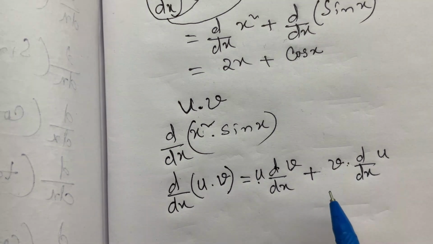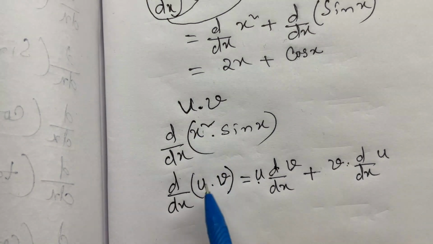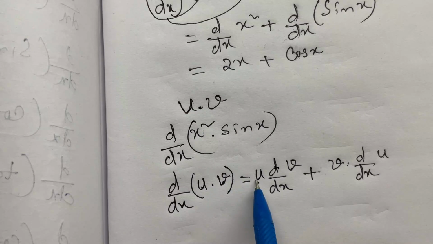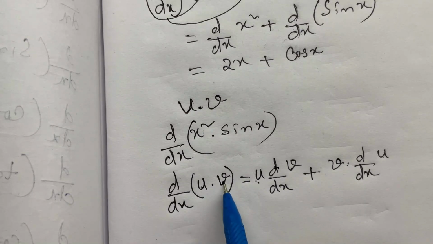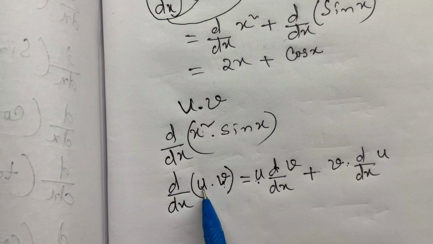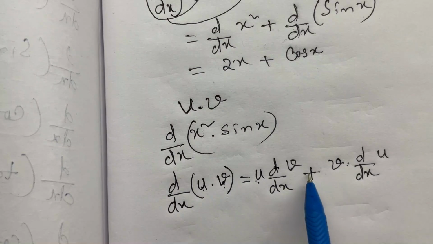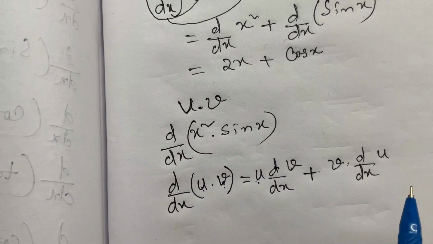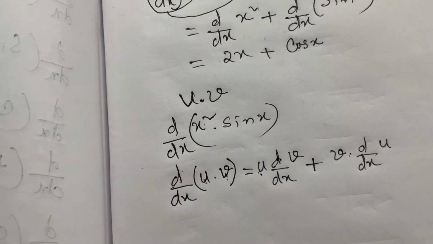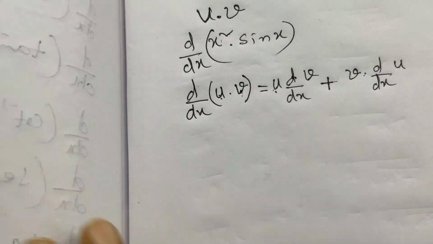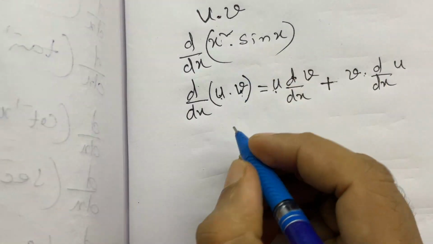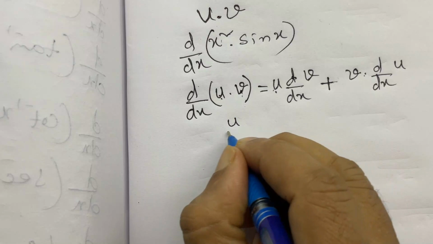So you see here, keep u, do this differentiation, keep v, do this differentiation, and in between a plus is introduced. So this is a very useful formula. In the same way, another case that may arise is u by v.